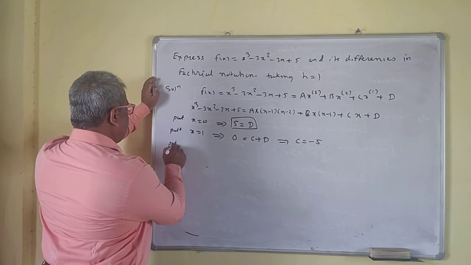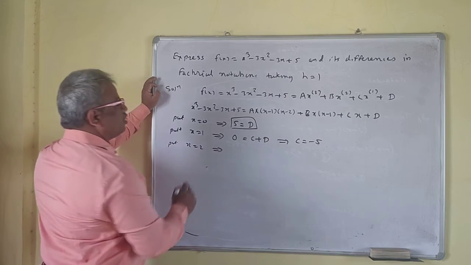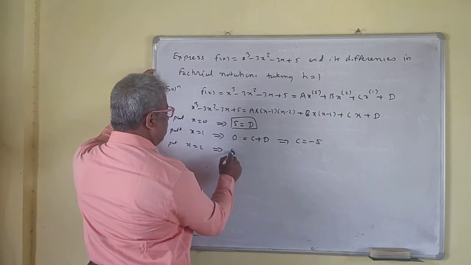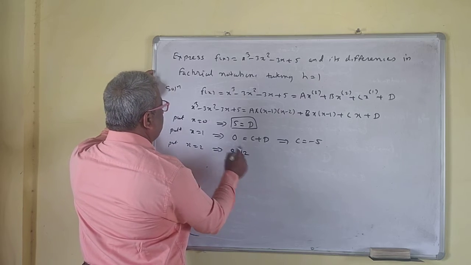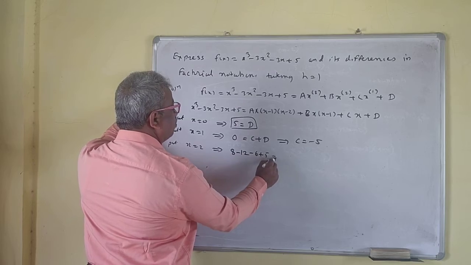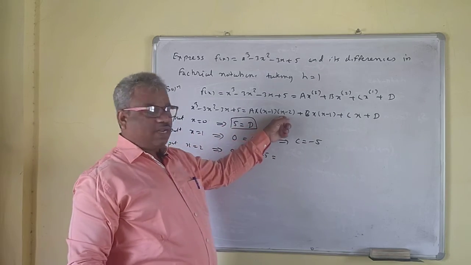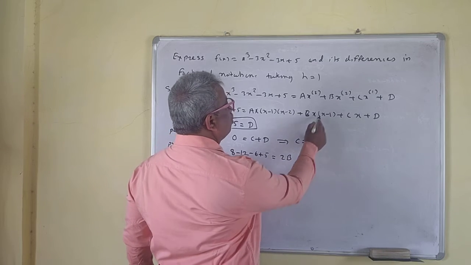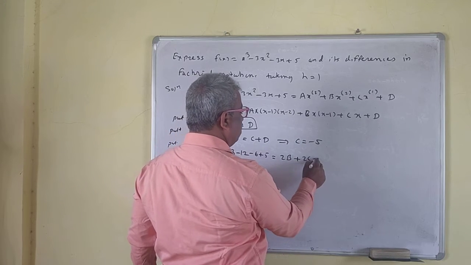Okay, so now we'll put x is equal to 2. So if you put x is equal to 2, I will write here 8 minus 12 plus 5, because this is 4, minus 6 plus 5, is equal to, if you put 2 here, 0 now. So then twice b, because 2 minus 1, plus twice c plus d.